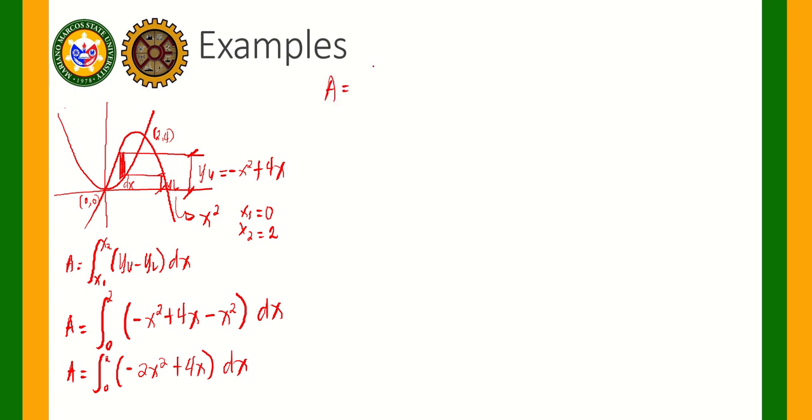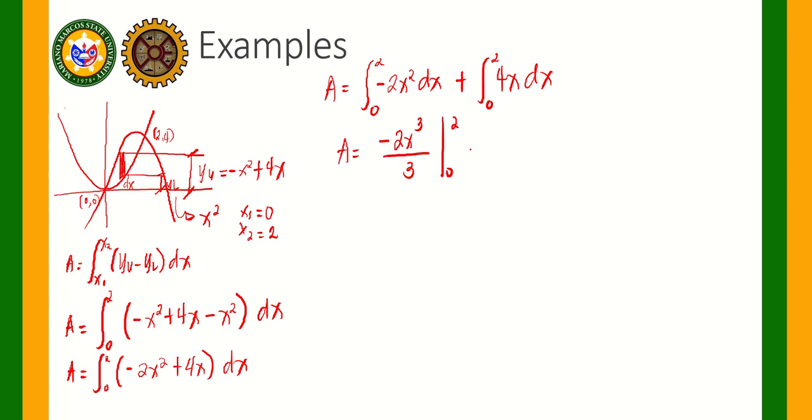So, we can apply a separate integration here. Area is equal to the integral of negative 2x squared dx limits from 0 to 2 plus the integral of 4x dx limits from 0 to 2. And we can apply integration. So, this is equal to negative 2x cubed over 3 limits from 0 to 2 plus 4x squared over 2 limits from 0 to 2. Okay?